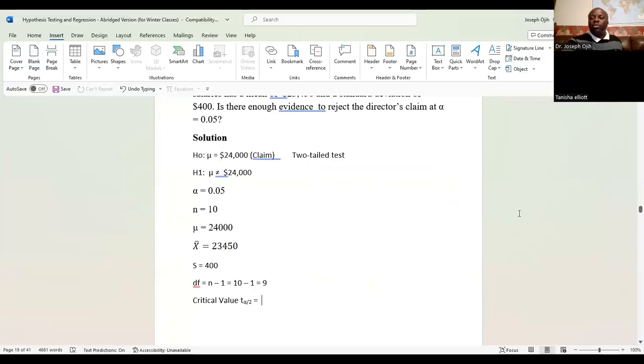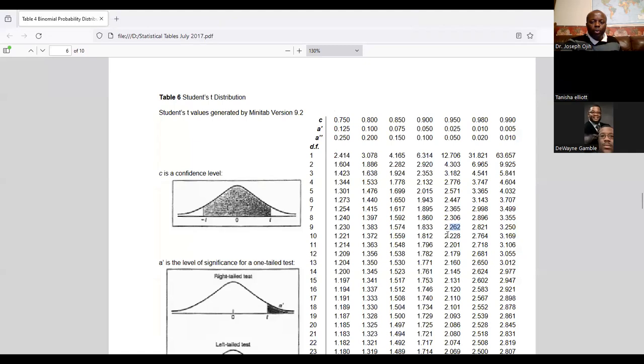That's plus or minus, as a matter of fact, because it can be either side. I forgot the number, so let me go back to the table and get it again. 2.262 is the critical value.